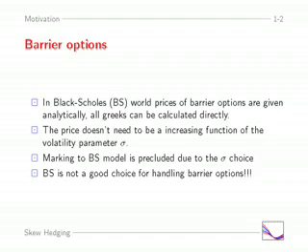If you want to price some different plain vanilla options, then you simply interpolate the implied volatility surface and plug this implied volatility into the Black-Scholes formula, and then you have your price. But for barrier options, you don't know which volatility to take. Should it be the volatility of the barrier, or the volatility of the strike? So it is not a good idea to price barrier options using Black-Scholes.